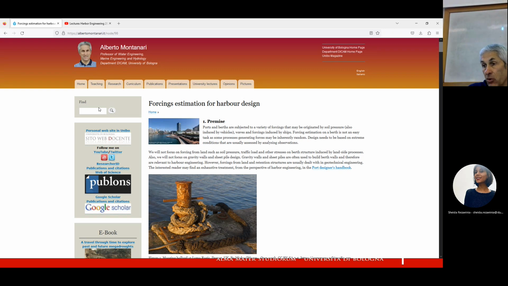Very often they are made by concrete, so you understand that there is significant also self-weight, and any additional exceptional load which may act on the structure of the berth.